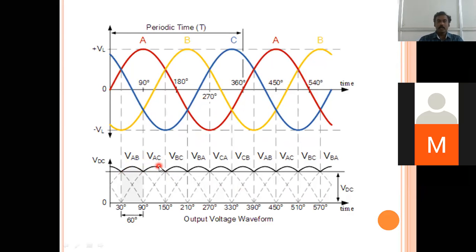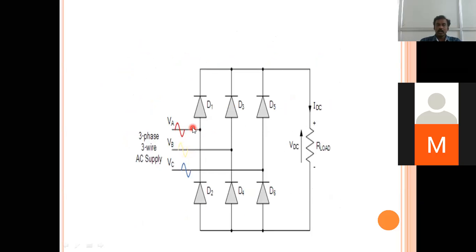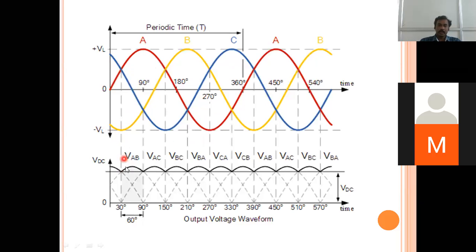Okay, so that means the total voltage prevailing across the load is going to be the line voltage VAB, VBC, VCA, depending upon the conduction of these devices. Here you may consider that for each 120 degrees, for 60 degrees you will have one voltage, and for 60 degrees you will have another voltage.